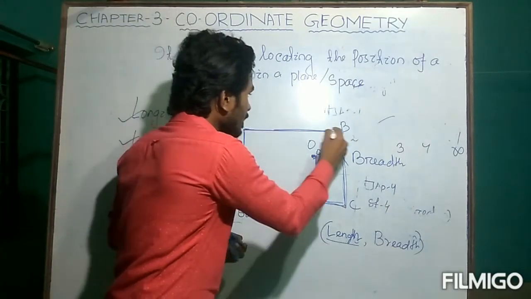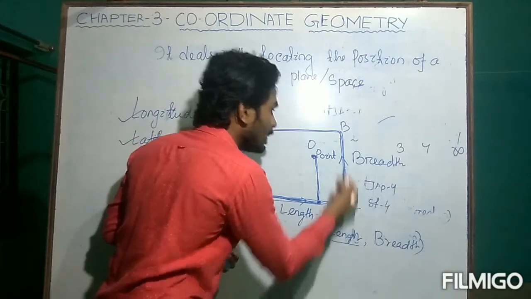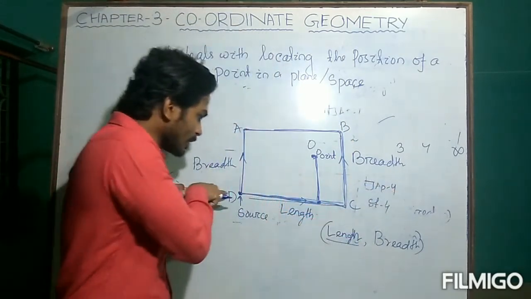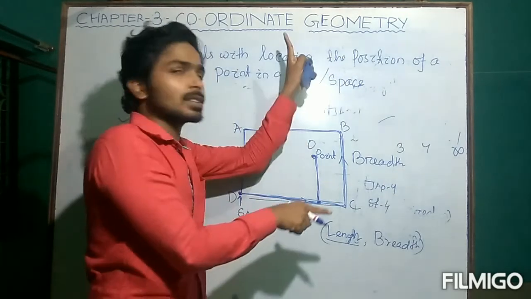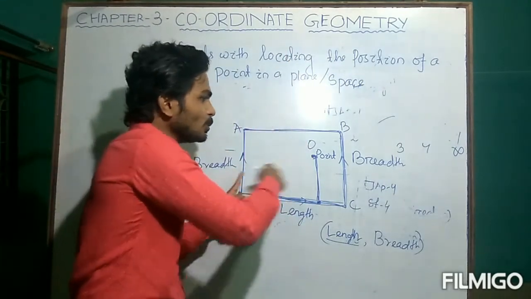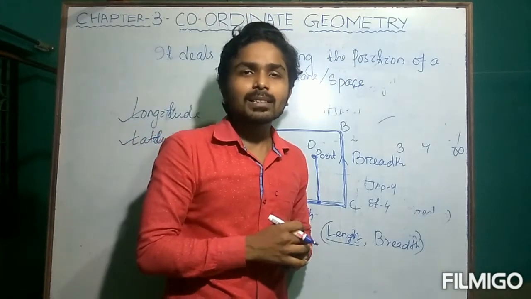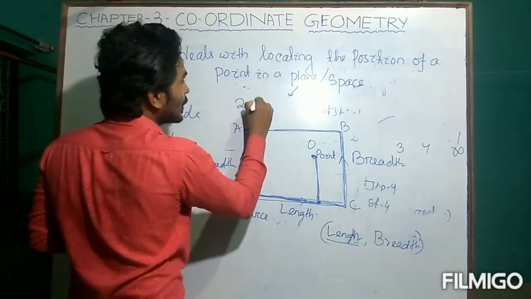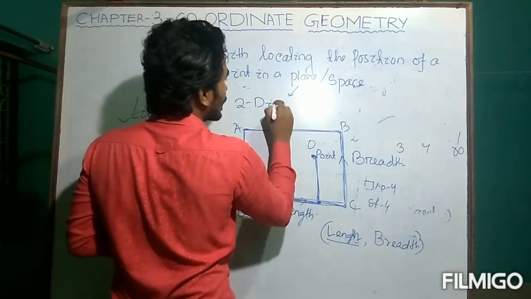Since in a plane you have length and breadth, that means you have to go through two directions. First going through this direction, then towards top. Then you have to follow two directions. Two directions means two-dimensional. So what is a plane? A plane is a two-dimensional structure.